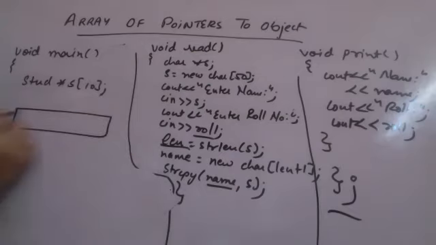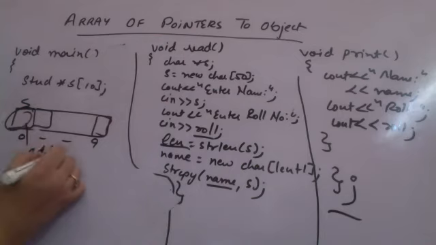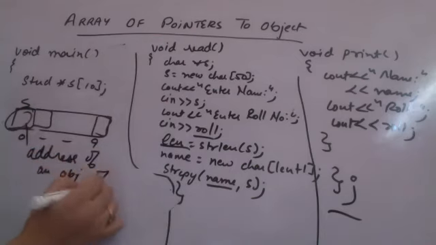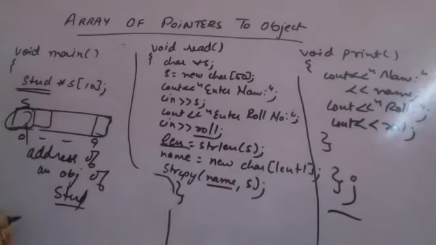S is created, where S will be storing some 0 to 9 spaces, and each space can have address of an object of class student, because I have mentioned student to be the data type. Is this much clear? What do I mean by this array of pointers to the object of the class? Are you all understanding this? Any doubt?